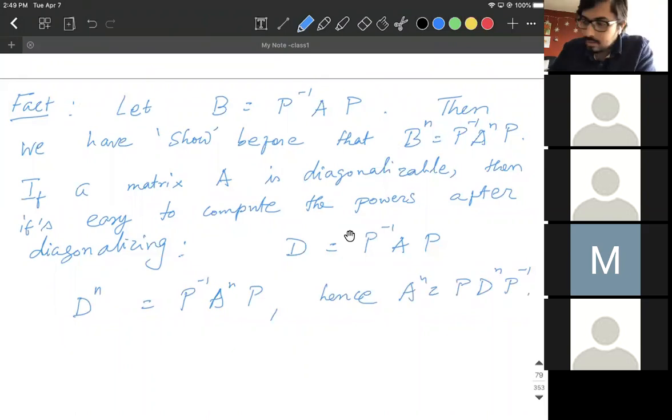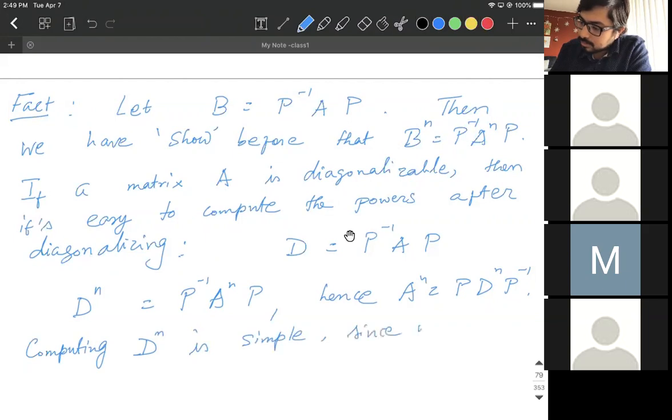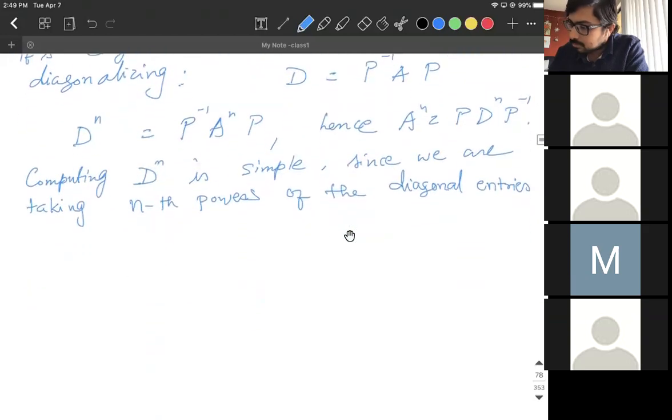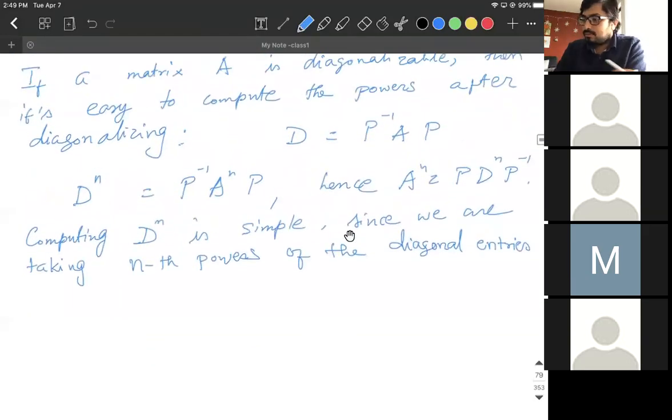is fairly simple because D is a diagonal matrix, and hence any power is simply taking the power of the diagonal entries. So computing D to the n is simple since we are just taking nth powers of the diagonal entries.